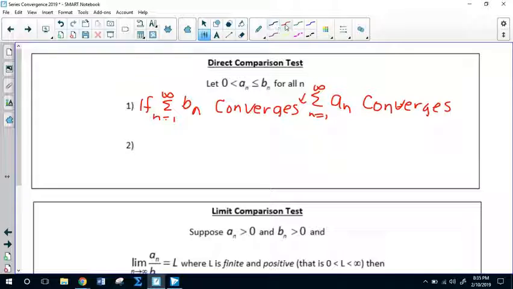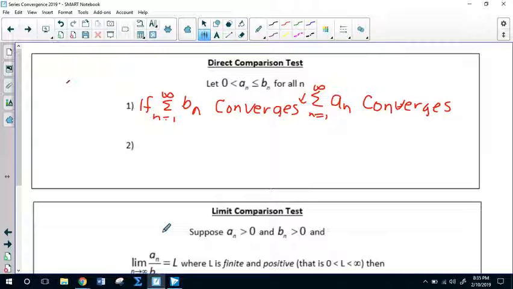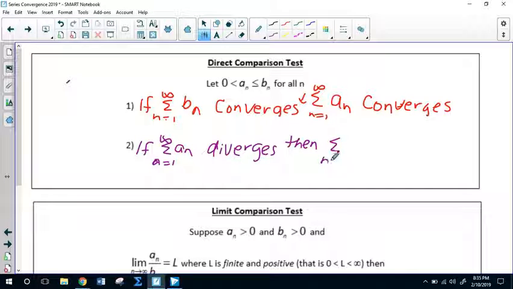Just like before, the opposite is true when you're comparing small to large. If the smaller series, in this case a sub n, diverges, then the larger series also diverges.